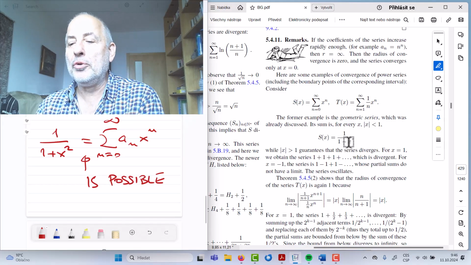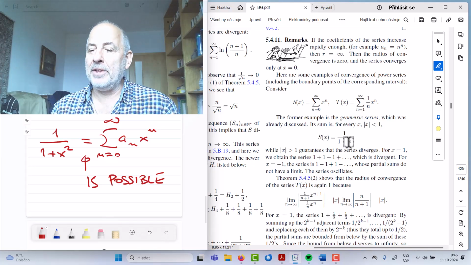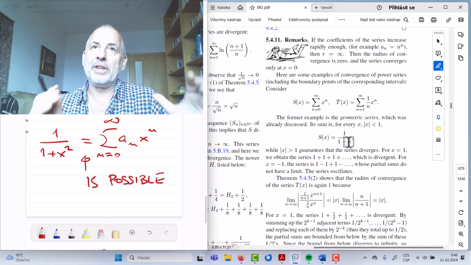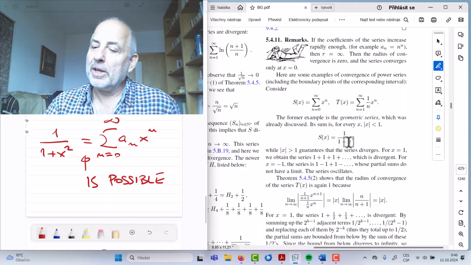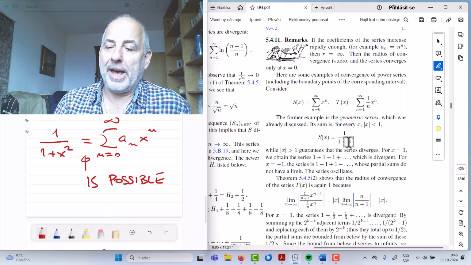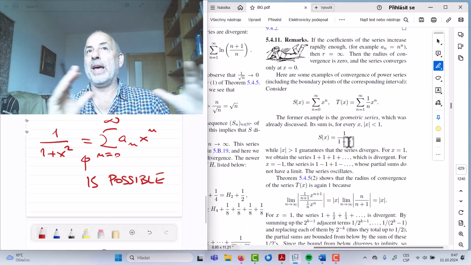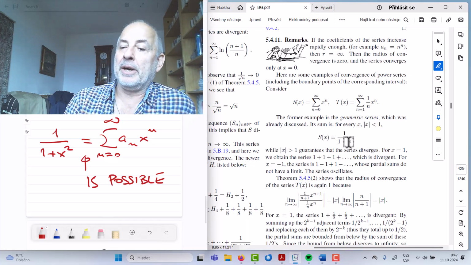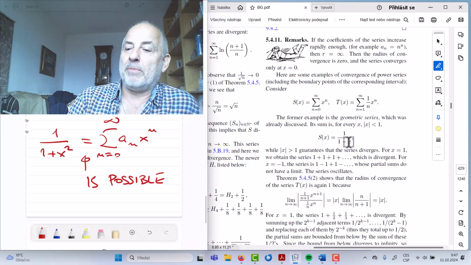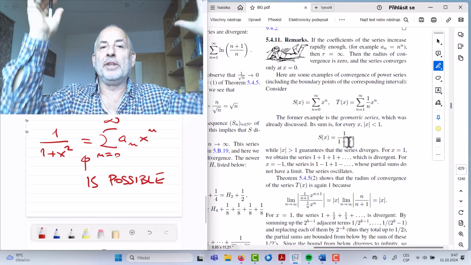But whatever you do here, you can't expect anything different, as the convergence radius has to be only 1, because it must work for the whole complex plane. And if you plug in i here, you see that i squared is -1, so it explodes to infinity.